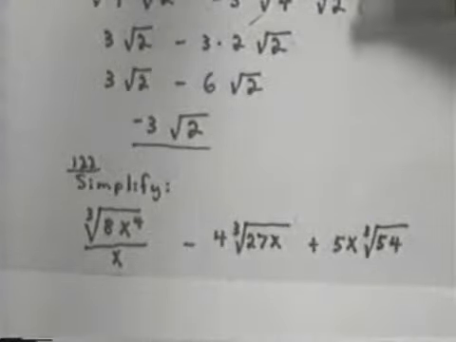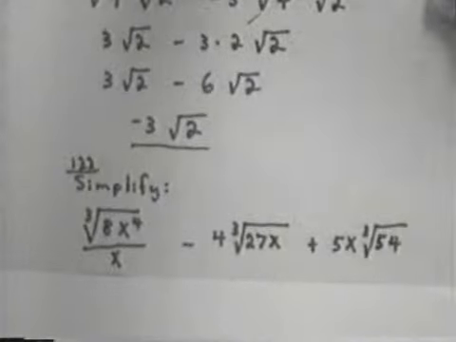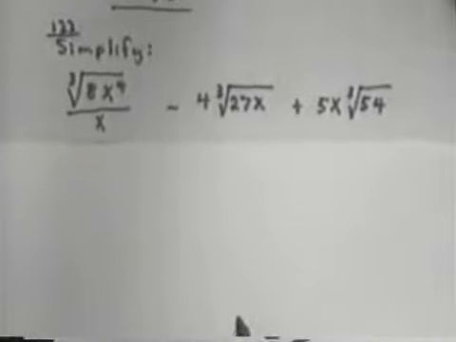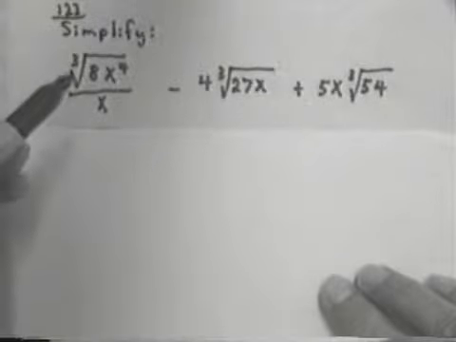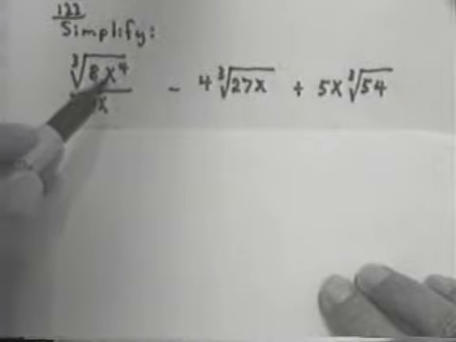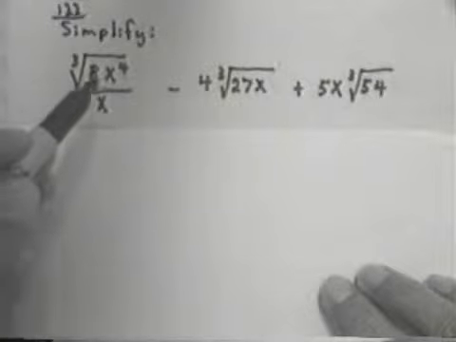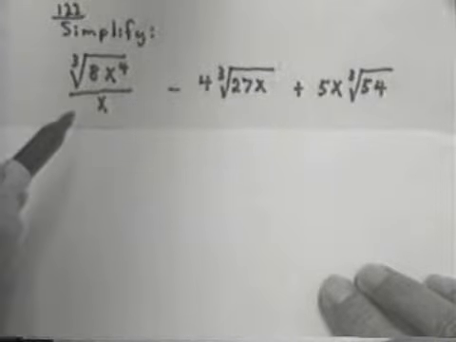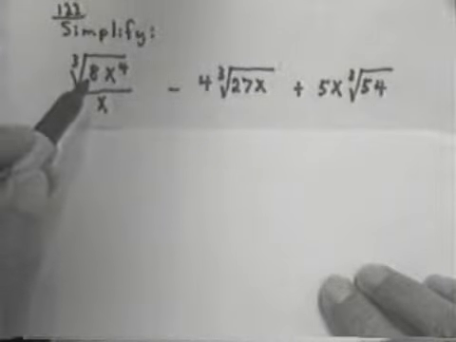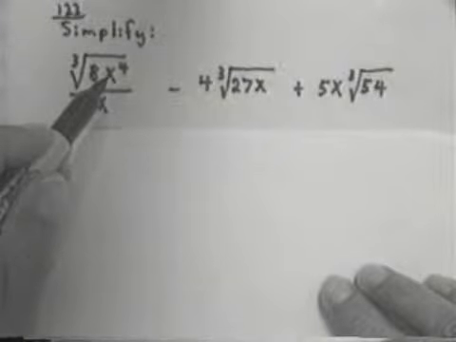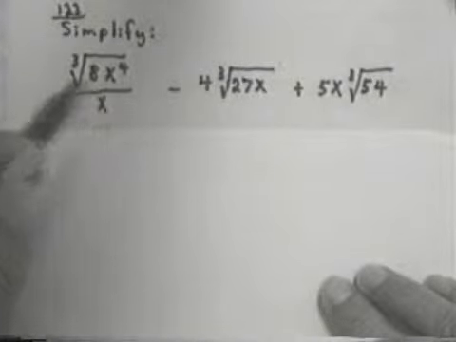Well, my first step is going to be to simplify all three of them the way I showed you on the last tape. Now, I need to factor 8x to the 4th into what is a cube and what's not. Well, 8 is a cube, x cubed is a cube, and I'll be left with x.